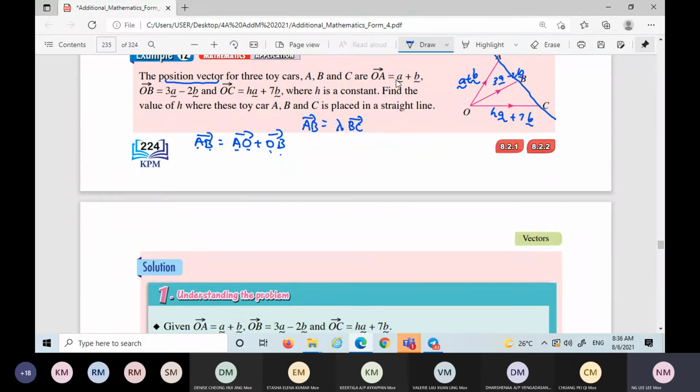So AO is in the opposite direction. OA is A plus B, so AO is negative A minus B. Or you can write AO as negative OA, and then OB. OA is A plus B, OB is 3A minus 2B. Now expand.